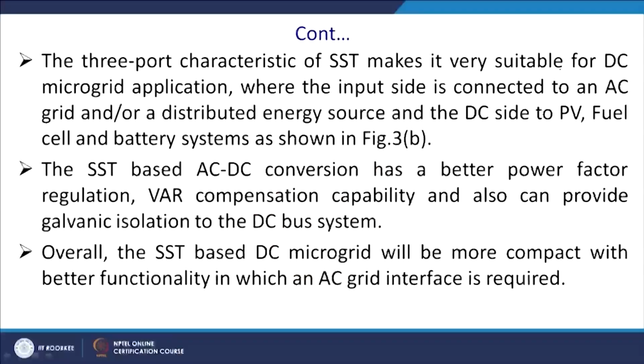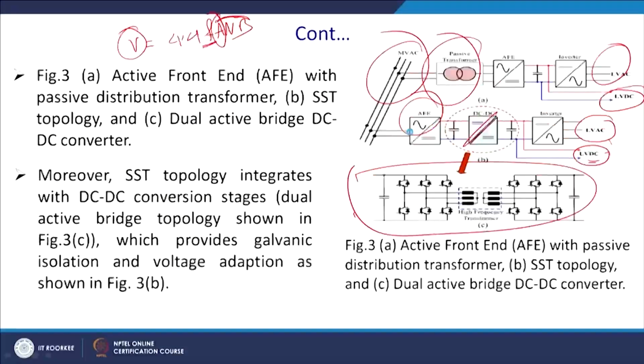The 3 port characteristics of the SST make it suitable for DC microgrid applications, where the input side connects to the AC grid or distributed energy sources, and the DC side to PV, fuel cell and battery systems, as shown in figure 3b, the overall system.